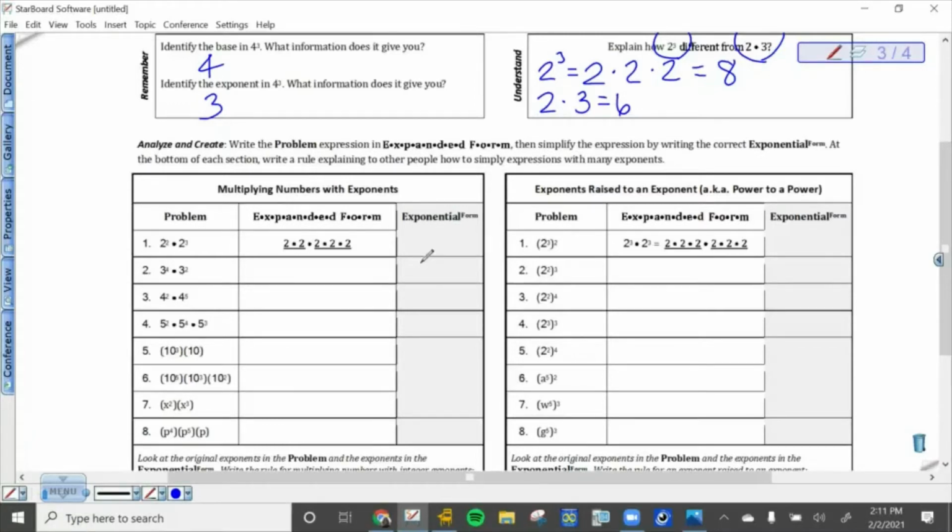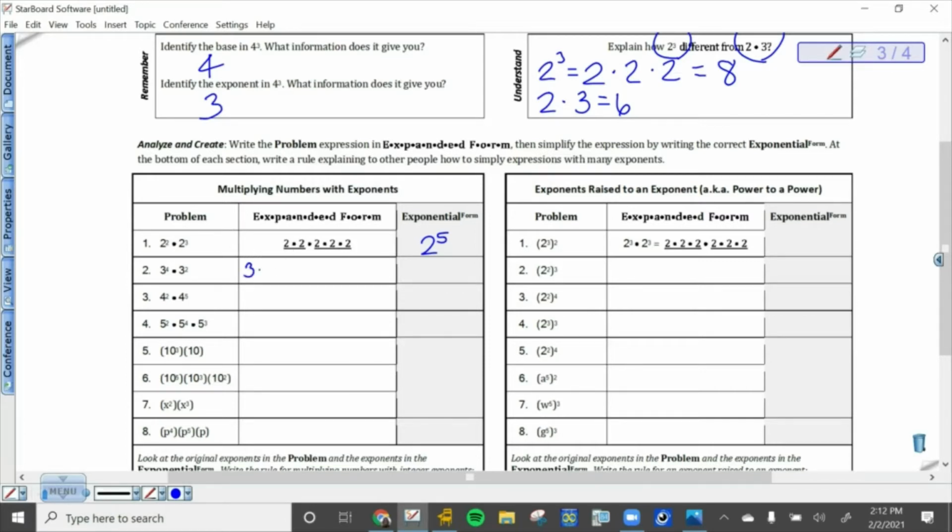How many are there? Yeah, so it's going to be 2 to the what power? 2 to the 5th. Yeah. Okay, so then let's look at the next one. So we've got 3 to the 4th power times 3 squared. So I'm going to write that just the way they did in expanded form.